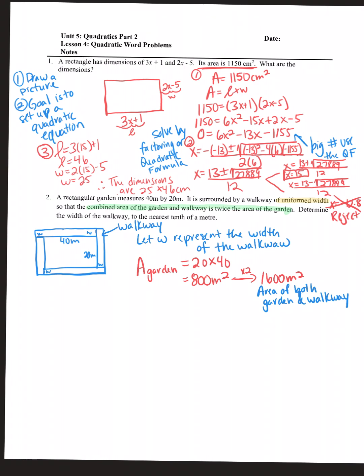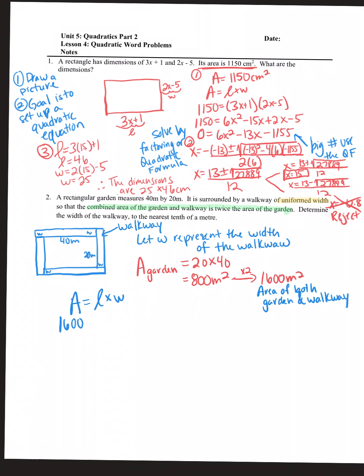So if we have that information, we should be able to figure out, okay, area equals length times width. Well, I know the area is going to equal 1,600, but what's my length going to be? What's my width going to be? So I come back to my drawing here, and I'm going to pick a different color.